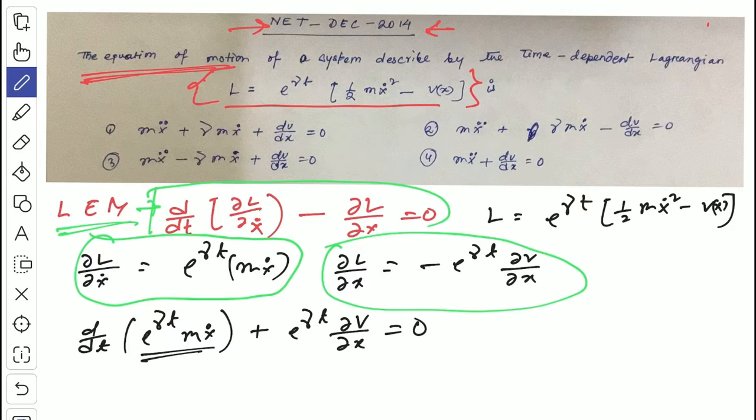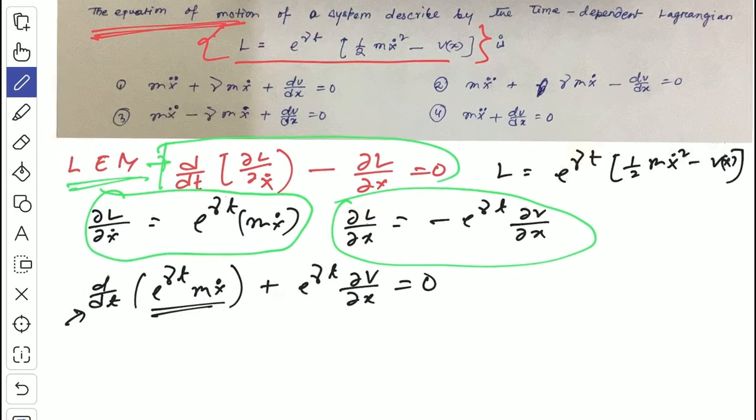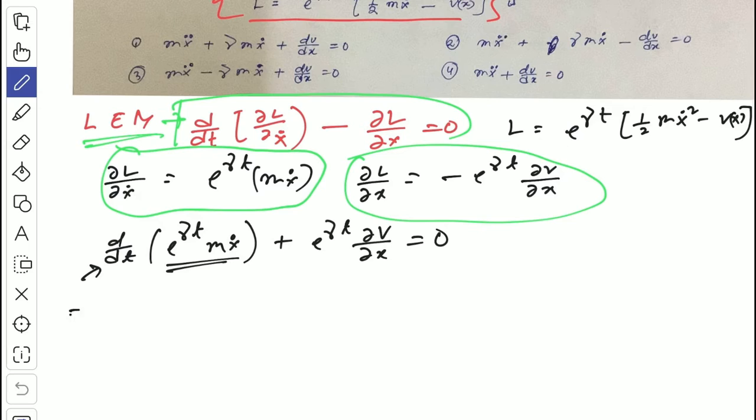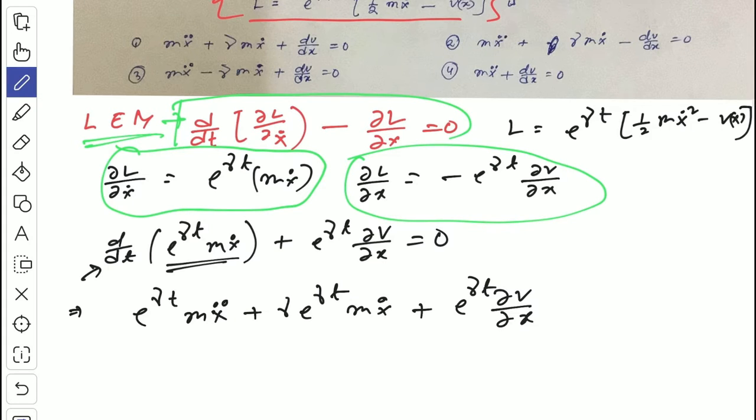Now if you differentiate this term with respect to t, using the product rule, you will get e to the power gamma t m x double dot plus gamma e to the power gamma t m x dot plus e to the power gamma t del V by del x is equal to 0.